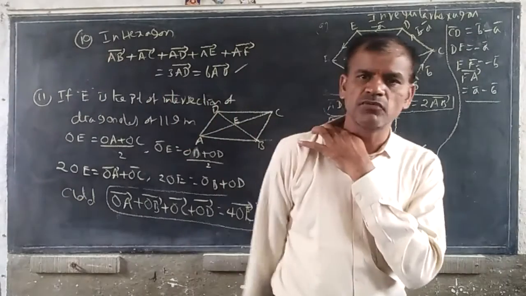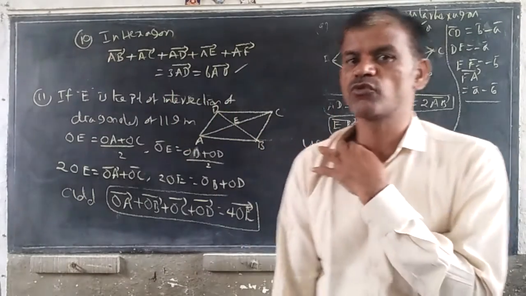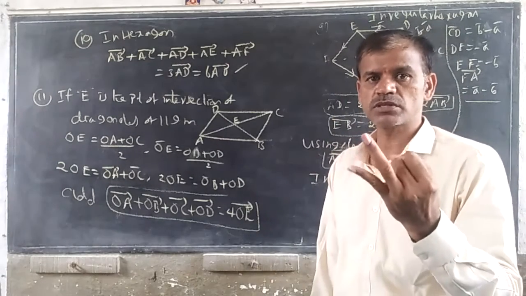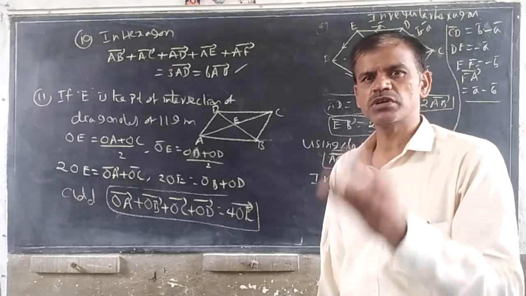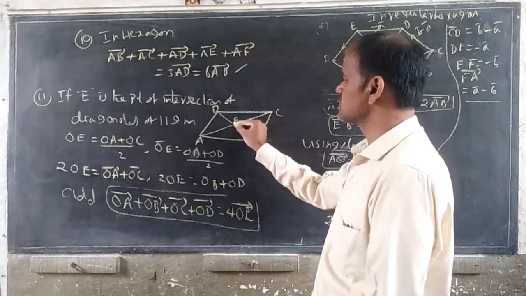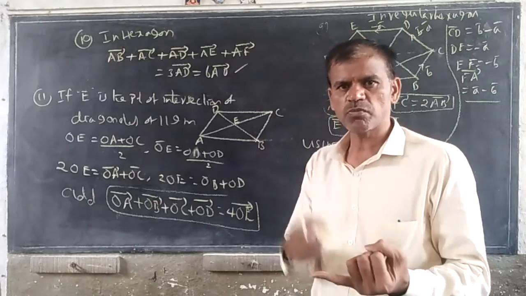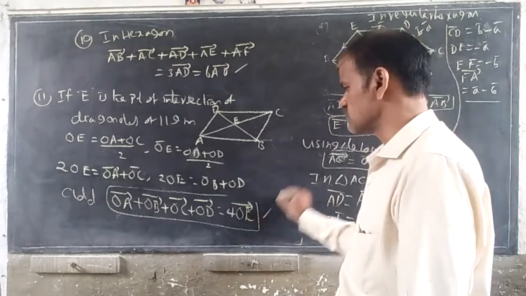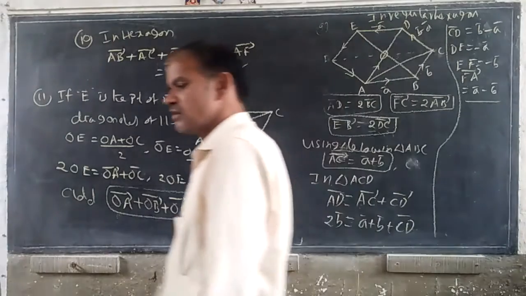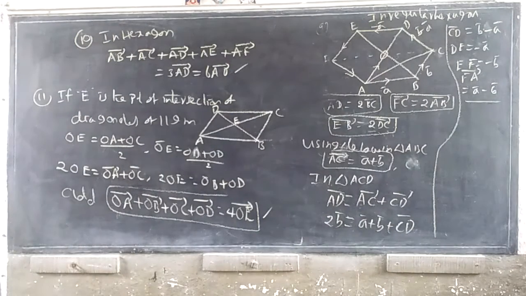We got 4OE, OE plus OE plus OE plus OE, 4 times. Previously we had written the formula OA plus OB plus OC equal to OD plus OE plus OF, because they are separate midpoints. Here this is a single midpoint, that's why we got OE four times. Try to understand, this is an important formula for objective.